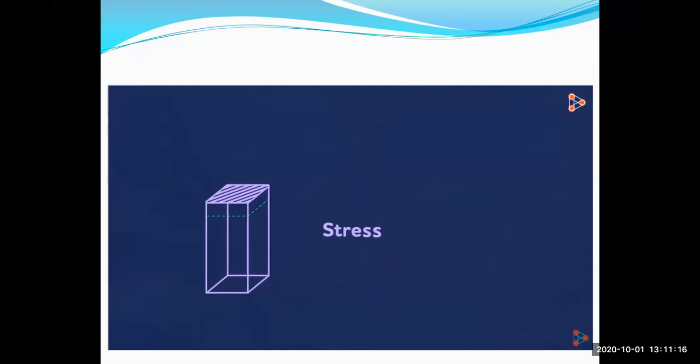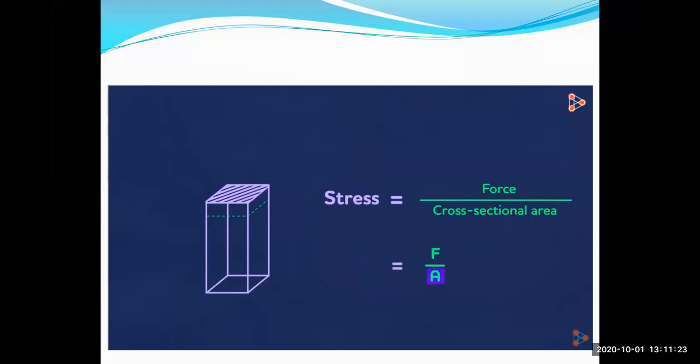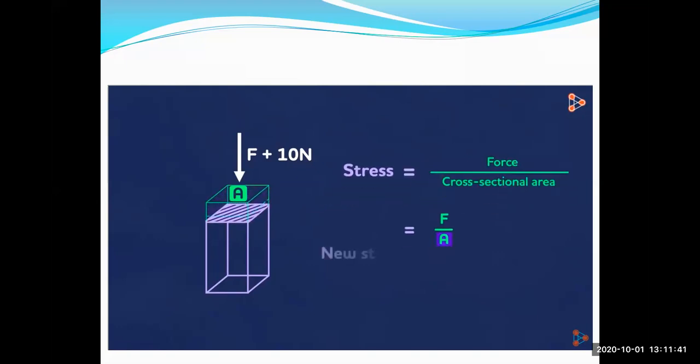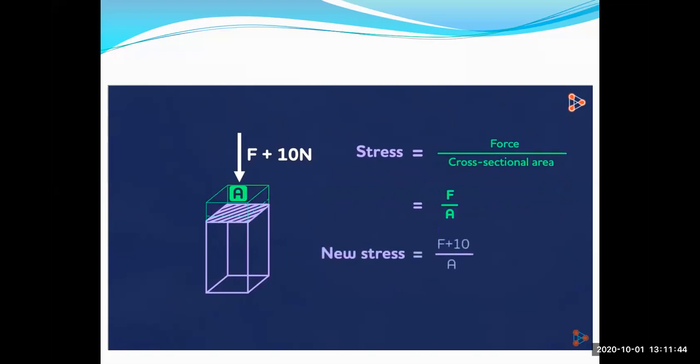Mathematically, stress is defined as force per unit cross-sectional area. So it is F over A, where A is this cross-sectional area. What if I increase the force from F Newton to say F plus 10 Newton on this area A? Intuitively, we know that if we push it with a greater force from above, then the beam will experience more stress. Mathematically, this new stress will be F plus 10 over A. The numerator increased and the denominator remained the same.